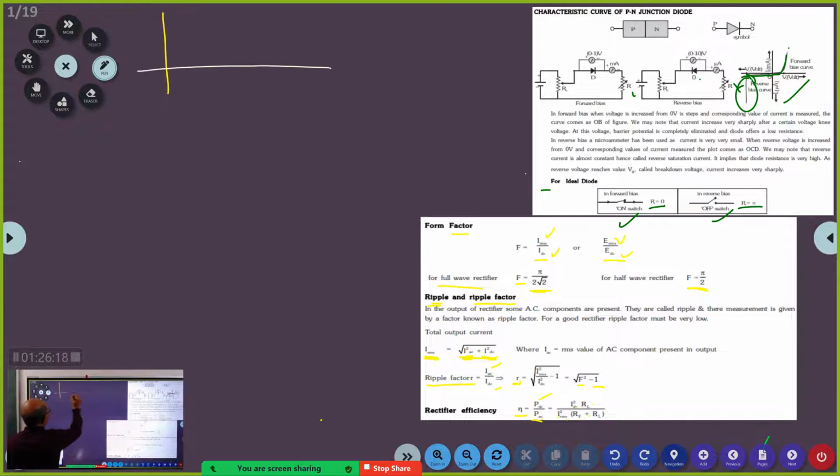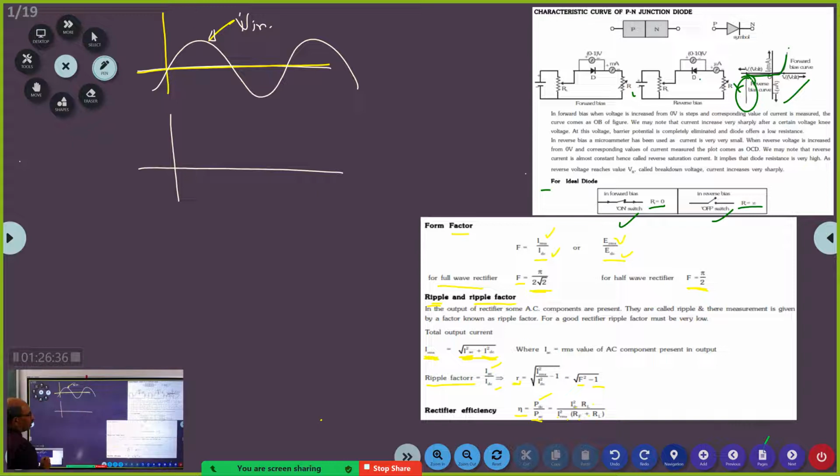Now, let us try to understand slowly. What is this waveform? This is VE. Now, this is the diode and you are giving VE. What is the waveform of the current that is flowing here?